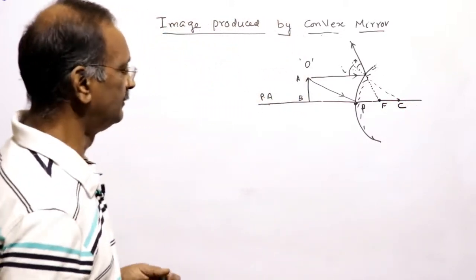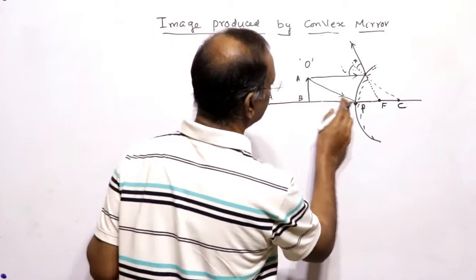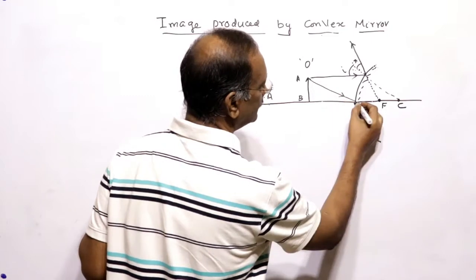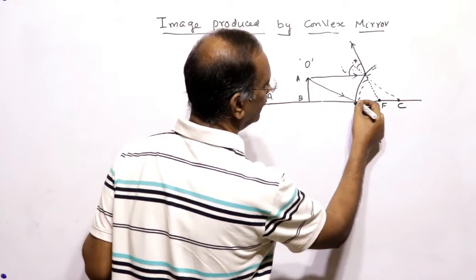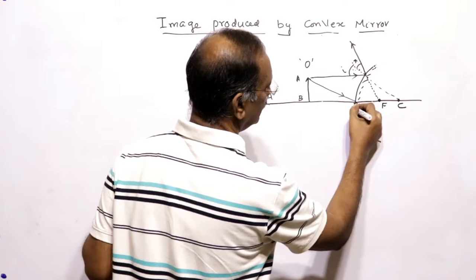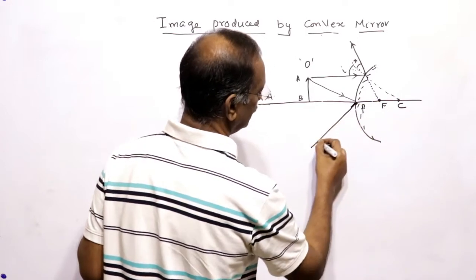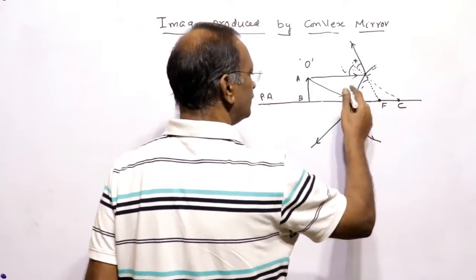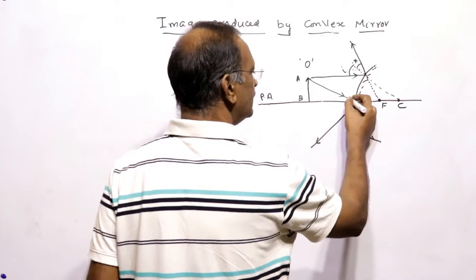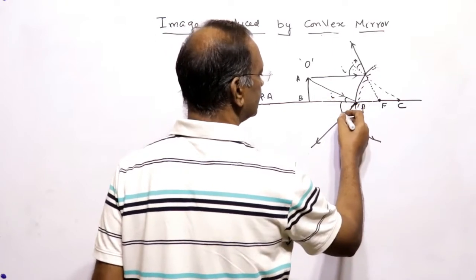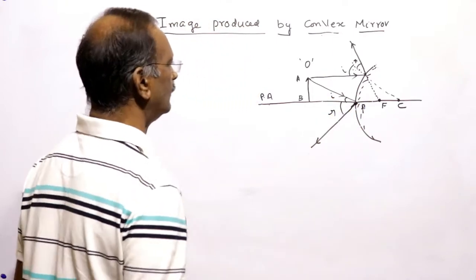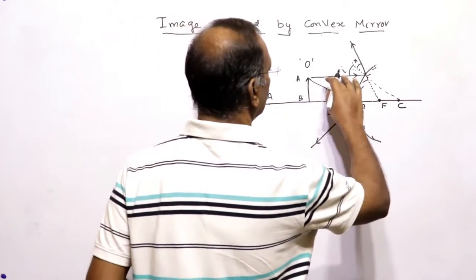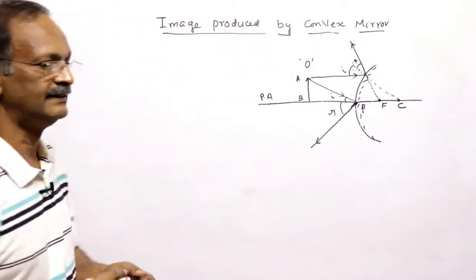Okay, the diagram is approximate. And another ray from the object is incident at the pole, so it will get reflected according to the law of reflection. This is the normal from the center of curvature at the point of incidence, this is the angle of incidence and this is the angle of reflection for this ray, and it will go like this. So one reflected ray from the object, another reflected ray from the object, both are going like this, in a diverging nature.